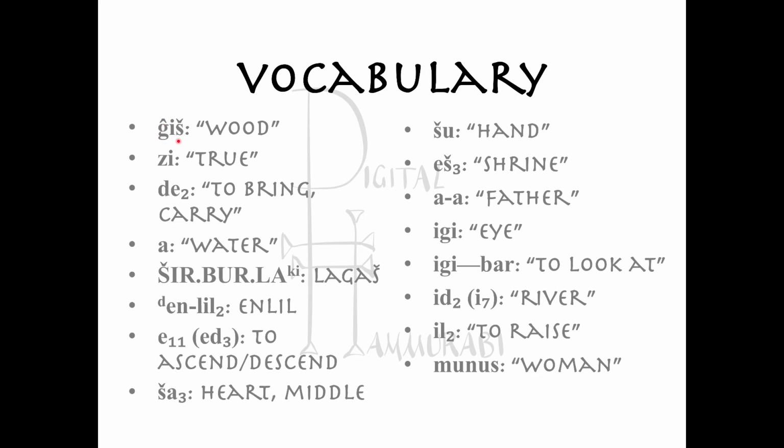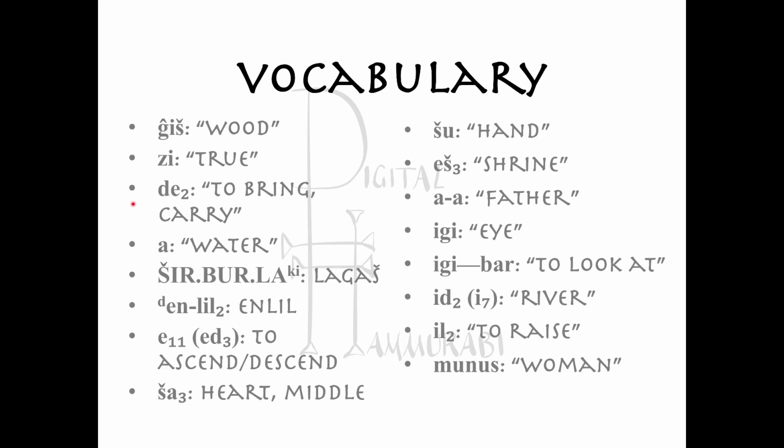Nish. Nish. Sounds like that Knights of Ni would say that in Monty Python. Anyhow, nish. So, sorry. Nish means wood. This is also a determinative. You will see it in superscript, and it identifies that object as a wooden object. Z, which has a D auslaut, so you'll sometimes see zid or zida, zid. Z means true or right or correct.